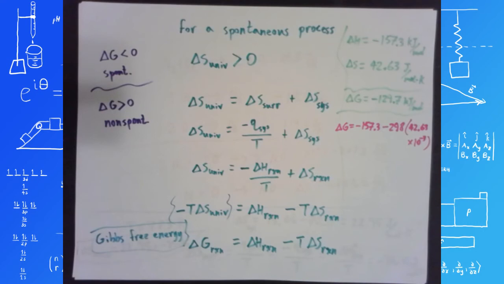And let's see what that is. Negative 157.3 minus 298 times 42.63 times 10 to the negative 3 is negative 170. Okay, that doesn't seem right. Was it at 273 by any chance?